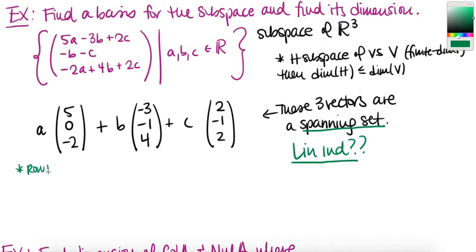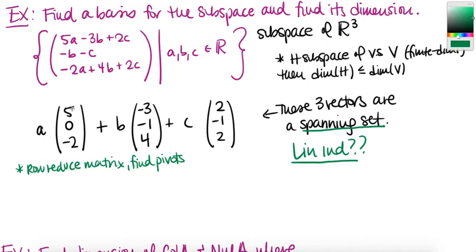You could put them in a matrix, row reduce it, and find the pivots. That's a longer way to do it, but that way always works. Sometimes the longer, more tedious way is the surefire thing. But let's just look at these 3 vectors and see if we see any relationships.